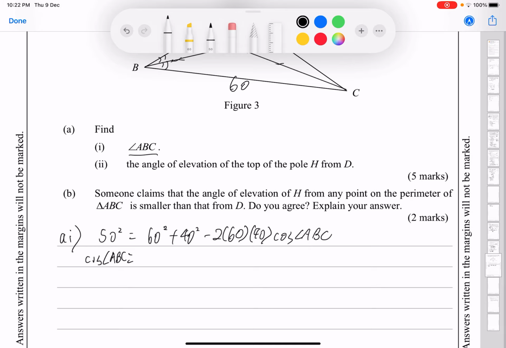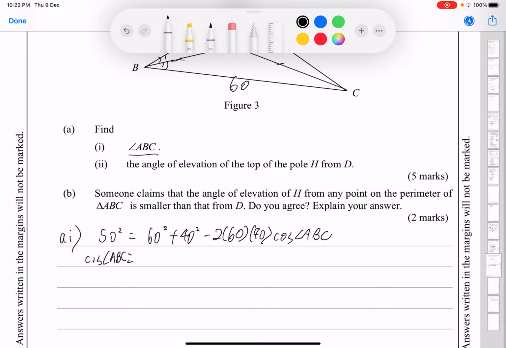Cosine ABC will be 40 square plus 60 square minus 50 square over 2 times 40 times 60. So angle ABC will become 55.8 degree.